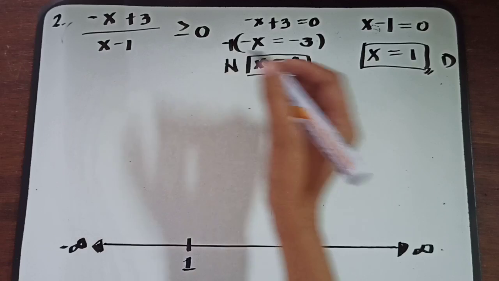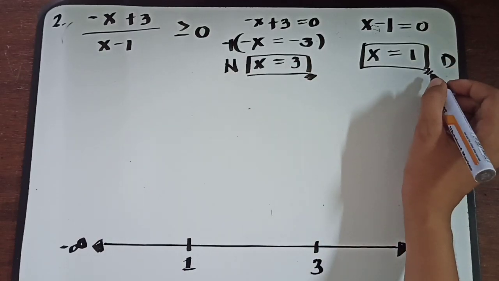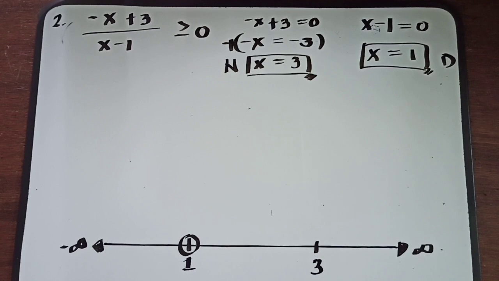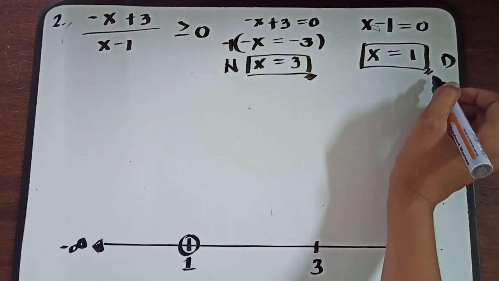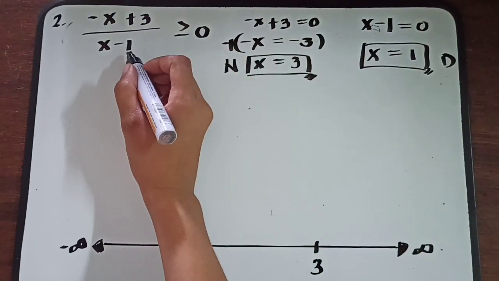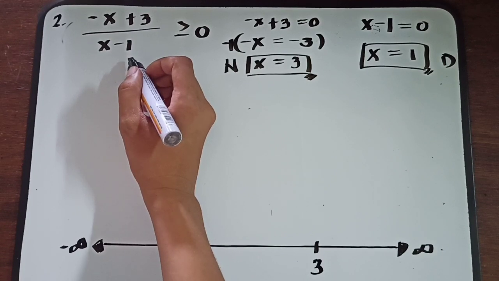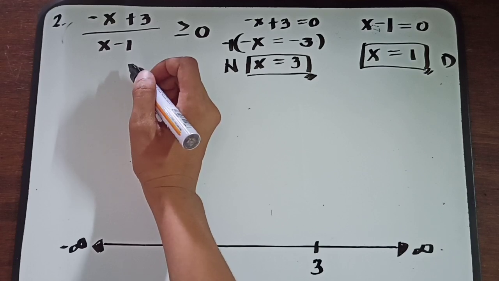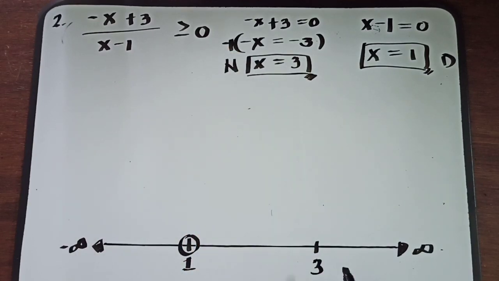Ibig sabihin, yung positive 1 is hindi na kasama. So, bakit po? Kasi po kapag ang value ni x is 1, magiging undefined yung fraction natin. And again, pagdating sa rule, yung denominator should not be equal to 0.